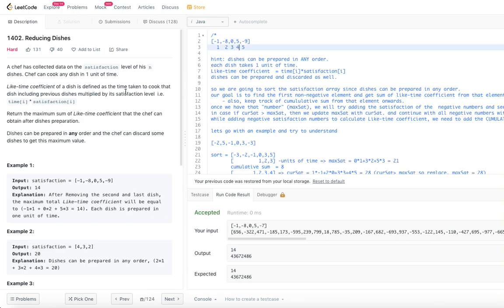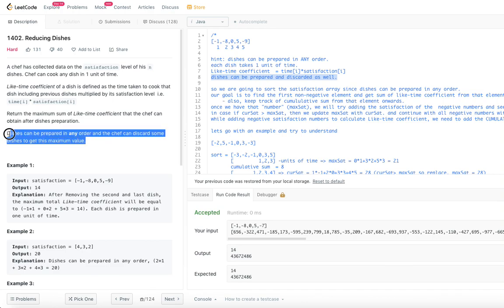And one more thing that we are given is that dishes can be discarded, right? That is the important information. Another important information given in the description is that they can be prepared in any order. So you are given this order of satisfaction, but it doesn't matter; the chef doesn't have to prepare in that particular order. He can prepare in any order.